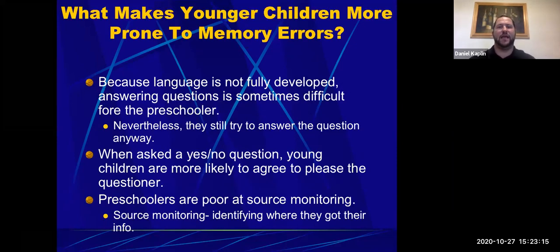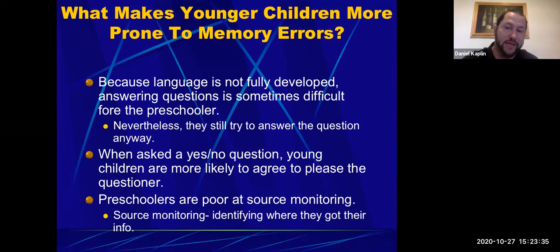All right. So why is it that younger people make more errors? Well, we said maybe their language is not fully developed, so it's more difficult for them to describe the event or answer the question appropriately, but they do the best they can.